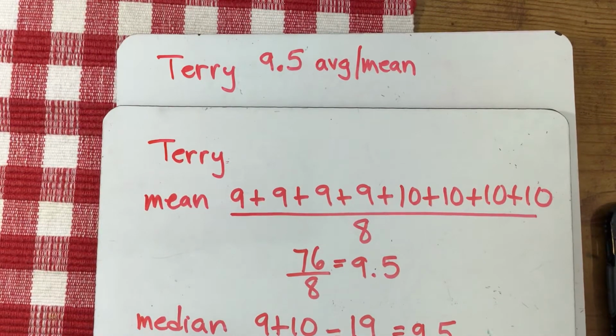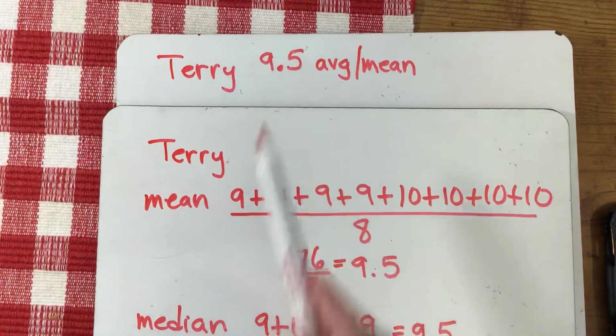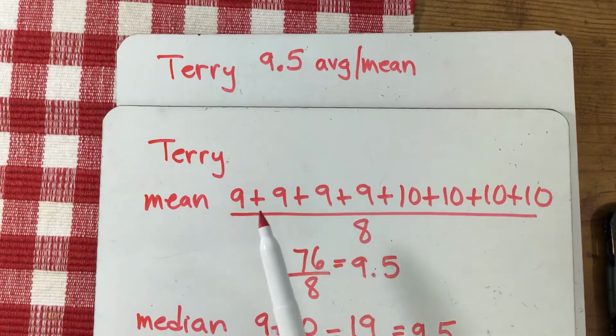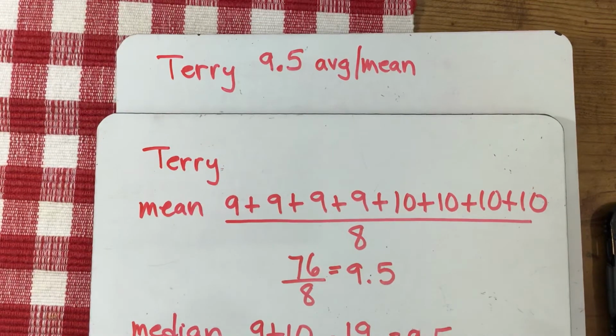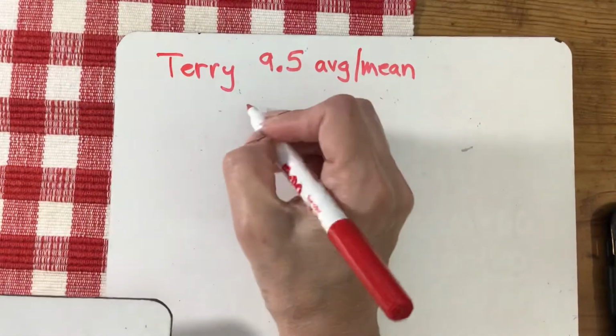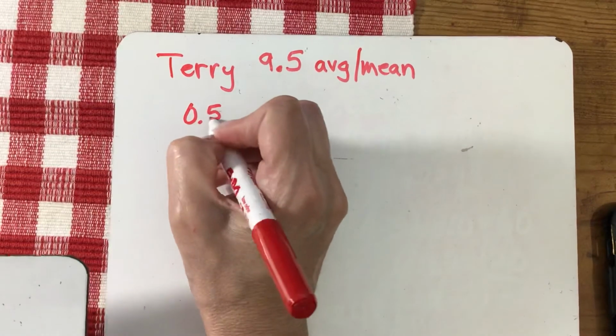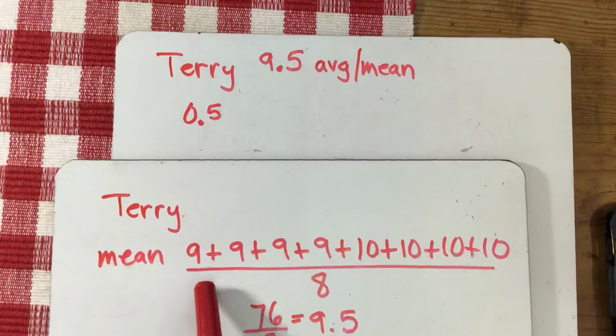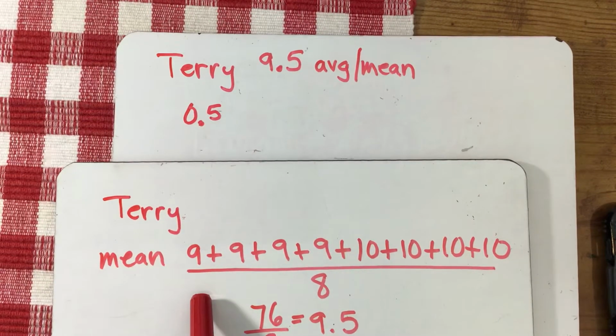So you want to find the difference between 9.5 and, I'm sorry, 9.5 and 9. So the difference is going to be, and you can just do it in your head, 9.5 minus 9 is going to be 0.5. So that was for that first set of information, okay?